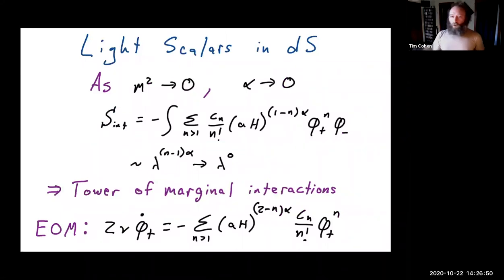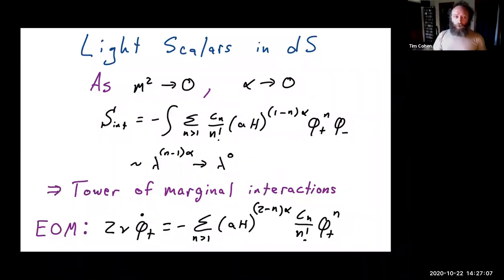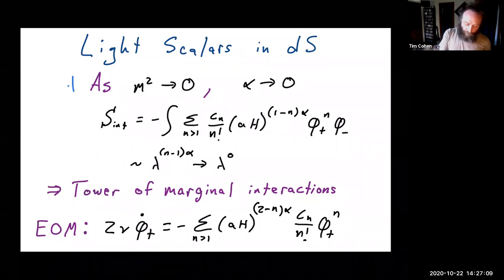So once you've established that the EFT is working in the sort of trivial case where everything is irrelevant, then you can move to ask questions where the dynamics becomes more interesting, where the interaction structure in particular becomes more interesting. And so as you take the massless limit, I've said this many times now, your alpha goes to 0.